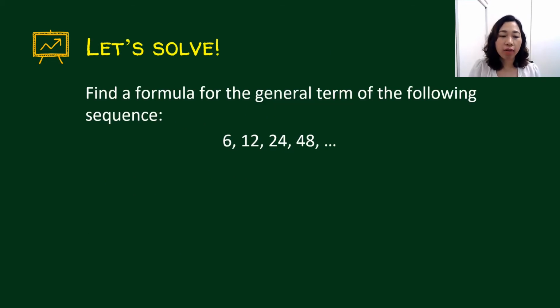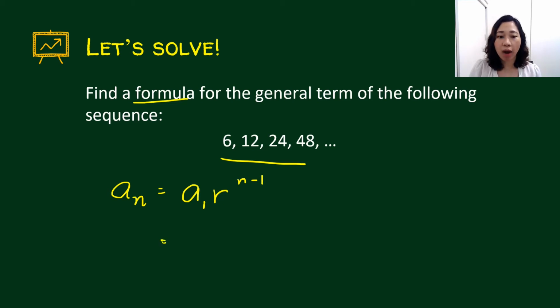Okay, now for this example, we want to find a formula for the general term. What is the meaning of find a formula for the general term? You just want to make something like a sub n is equal to what? Okay, but remember that we already have a formula in general. It's a1 r raised to n minus 1.